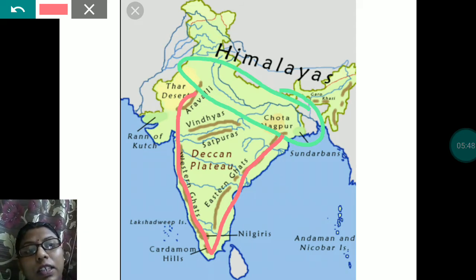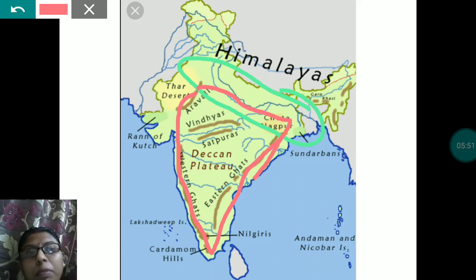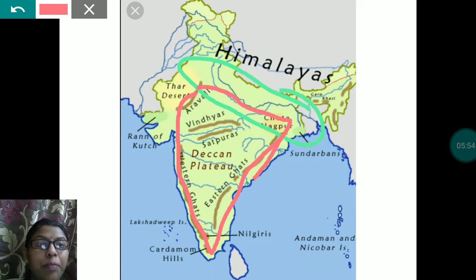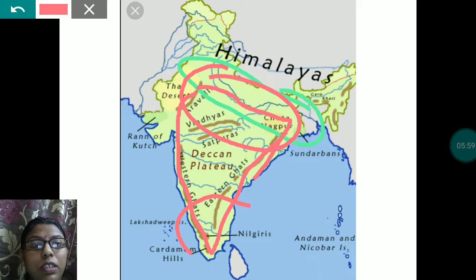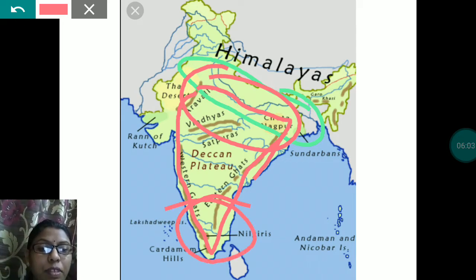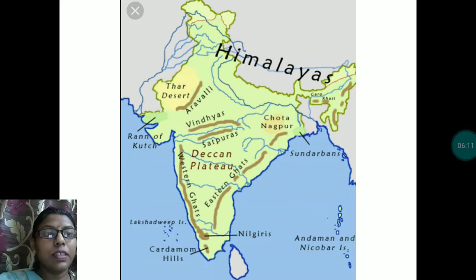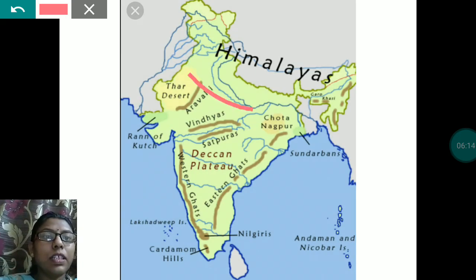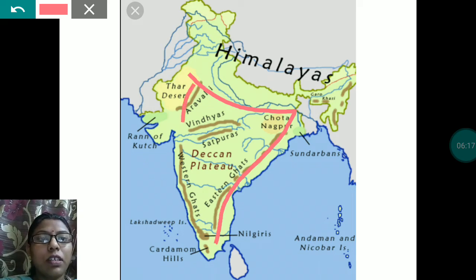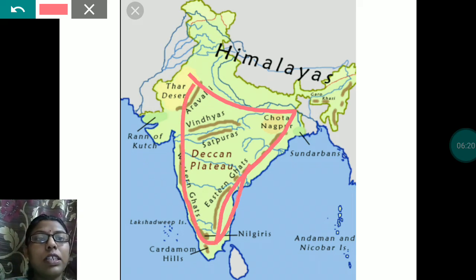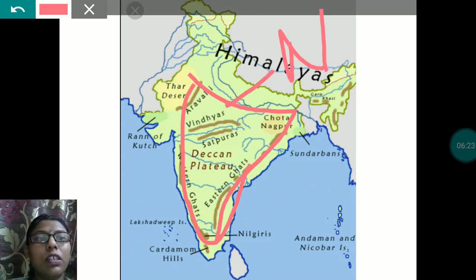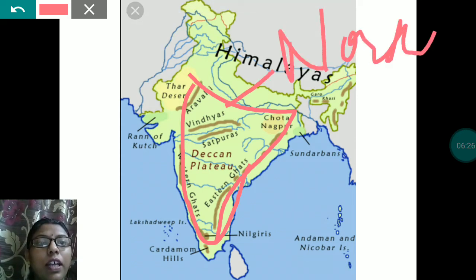Here you can see this whole area. In the northern side it is broader, and when it comes to the southern part of India, it is narrower. Clear?